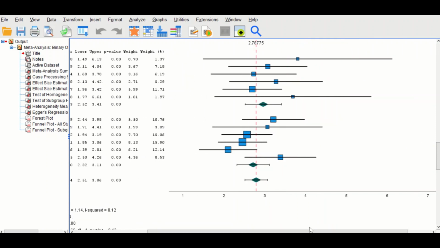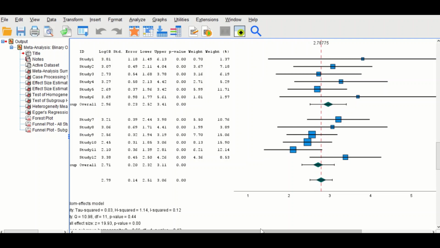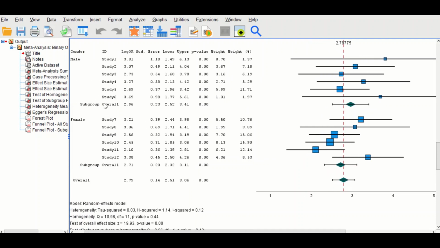So here we have blue squares for the effect size for each individual study, a green diamond for the overall odds ratio for the male and the odds ratio for the females, and also a third diamond, which is the overall odds ratio for both males and females combined without subgrouping. And as shown here, the overall odds ratio for males is 2.96, and for females 2.71, and the overall odds ratio is 2.79.